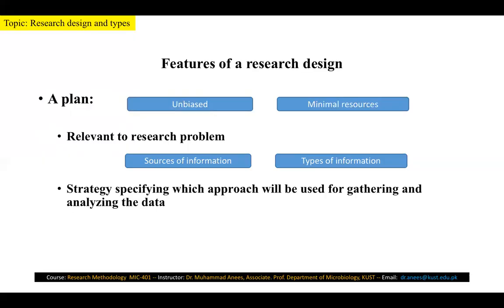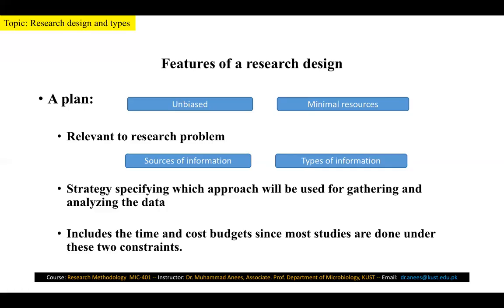So research design is a strategy that specifies which approach will be used for gathering and analyzing the data. So how would you be gathering the data and analyzing the data? And what will be the approach? So this is a kind of strategy.